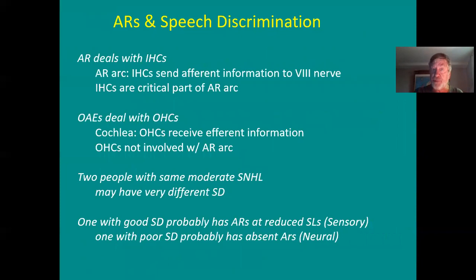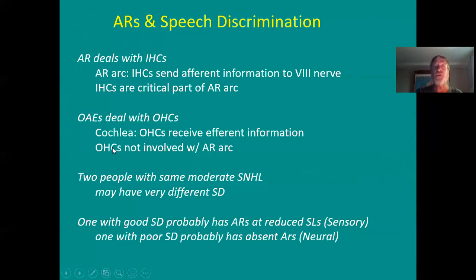Acoustic reflexes and speech discrimination. Acoustic reflexes, remember, always deal with inner hair cells. Remember the acoustic reflex arc. If you're looking at otoacoustic emissions, which we'll finish today with, they deal with the outer hair cells.